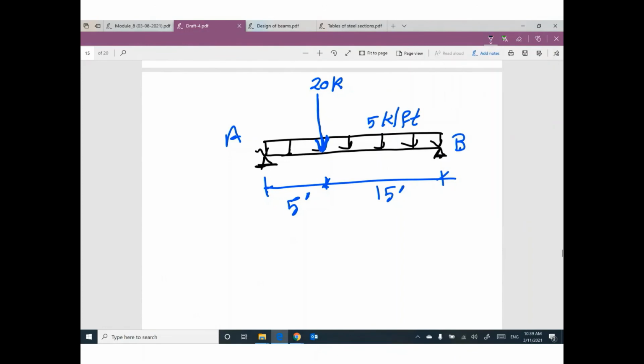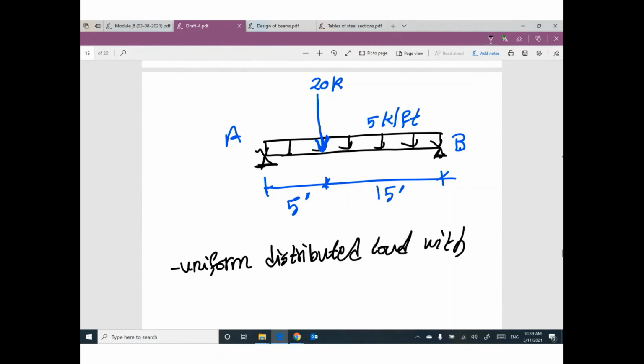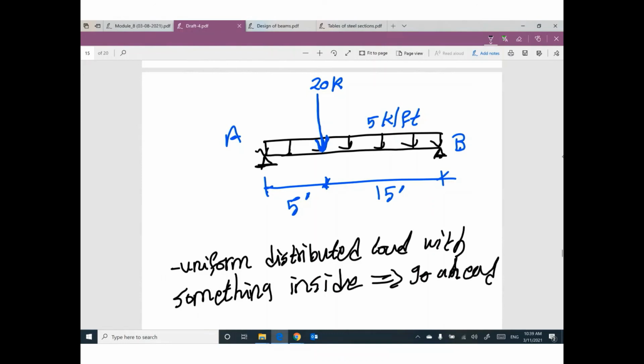Keep in mind, if you have a uniform distributed load with something inside, go ahead and divide it. The uniform distributed load here is over the whole beam, 20 feet, but we have an intermediate concentrated load.